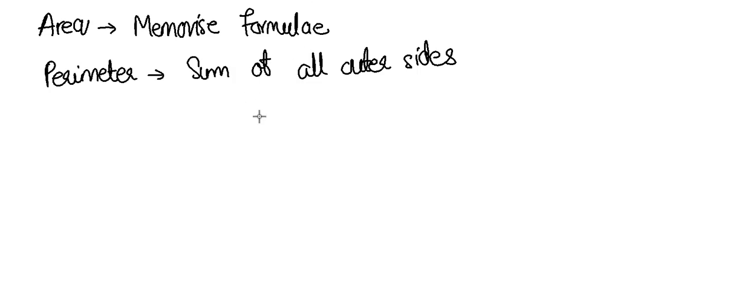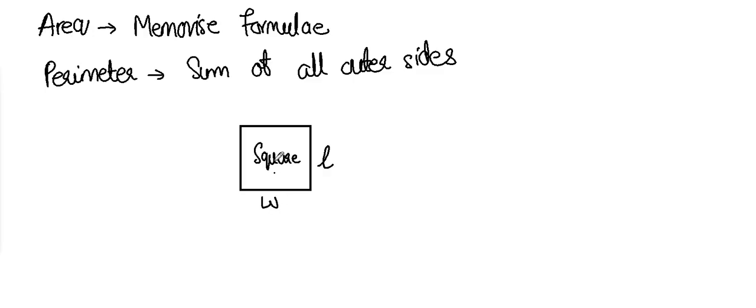Let's have a look at this shape. What is this shape? A square. If I want to find the area of this square, this will be considered as length. Although this can be considered width, in a square all sides are equal.